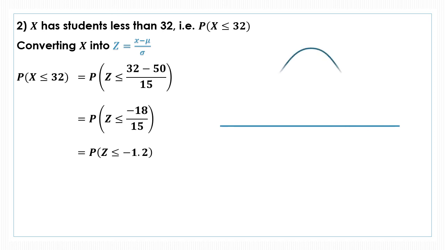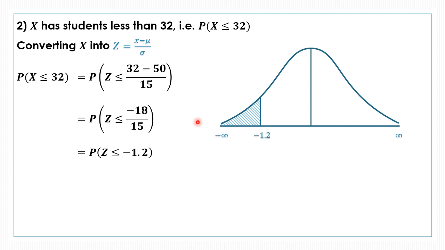We will need a curve here to understand this properly, and because we have negative 1.2, it will be on the left part of the curve, and now z is less than negative 1.2. Less always means on the left hand side, more means right hand side. Here we have less than, so it is on the left hand side. So this is the part which we are going to highlight here.